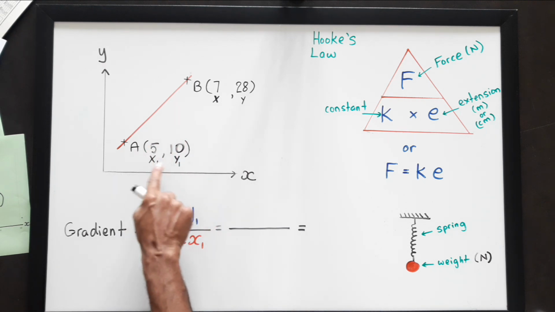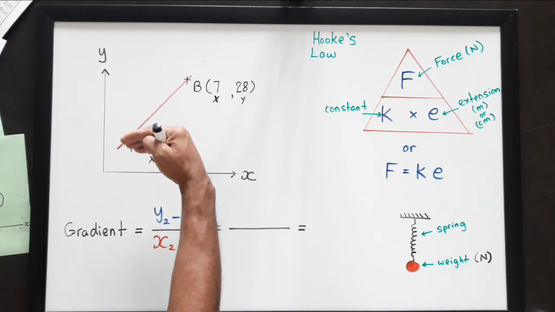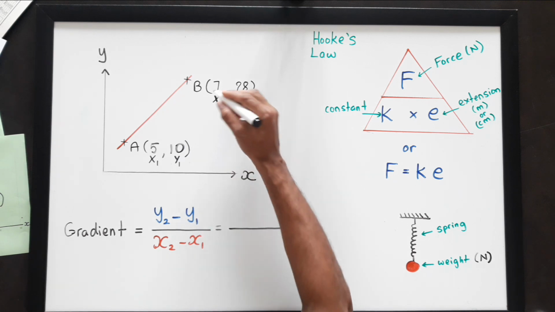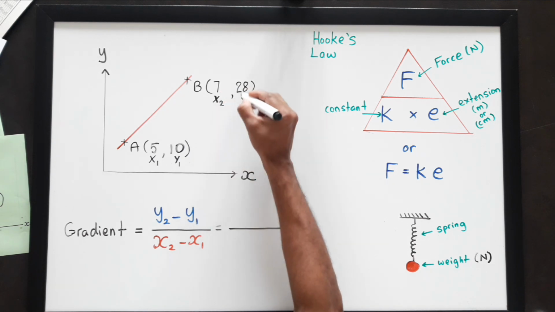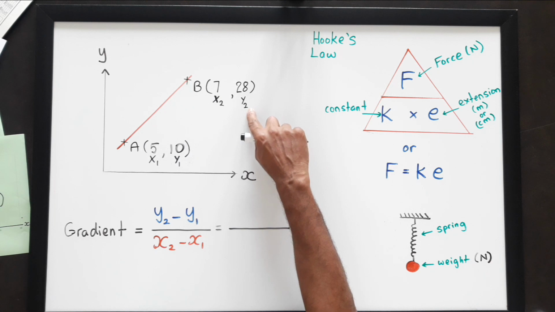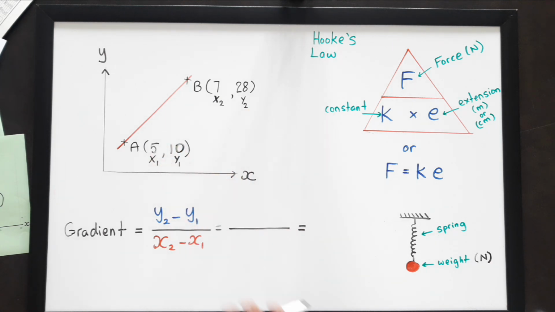Everything in the first chosen point has the number 1. So if we choose A first, that means we have to choose B second, which means everything in B will have the subscript 2. Remember, if we chose B first, everything in B would have a 1 and everything in A would have a 2. Either way, we are going to get the same answer.